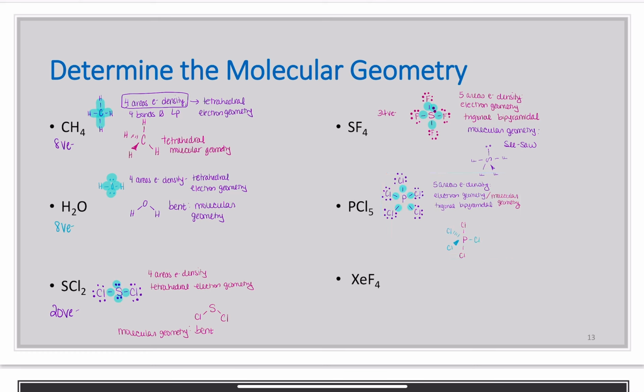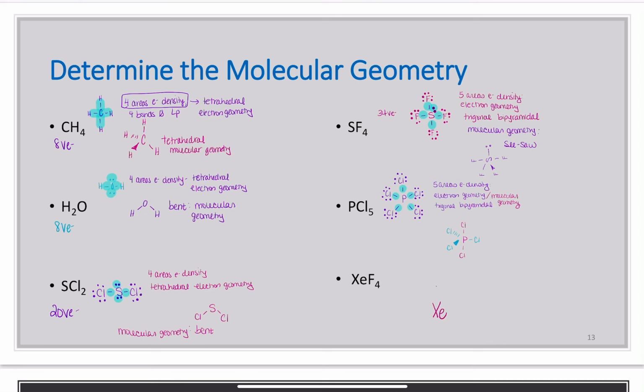And last but not least, XeF4. So 4 fluorine, that's 28, plus xenon is 8. So I can't count that fast. Sorry, I'm tired, you guys. 36 valence electrons.